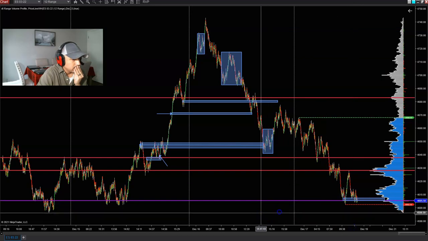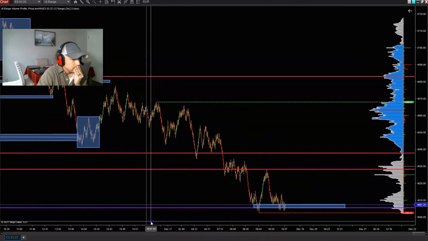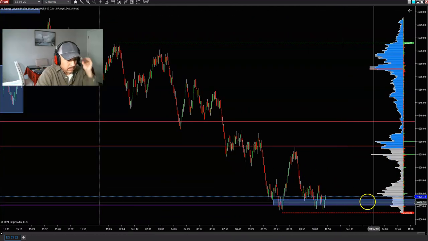I believe I was waiting for the break to the downside. Scaling in, scaling out, looking at my 12 range chart.